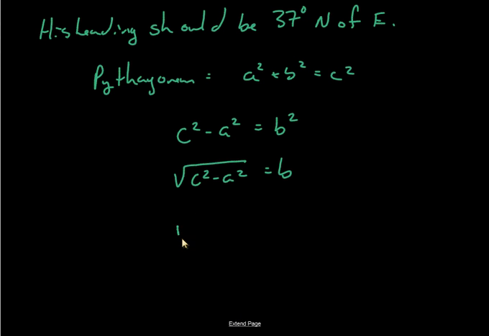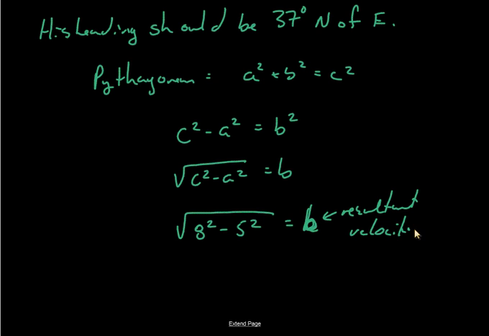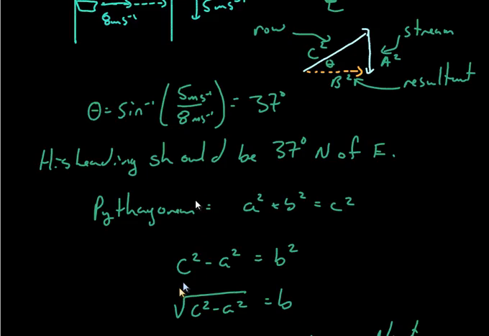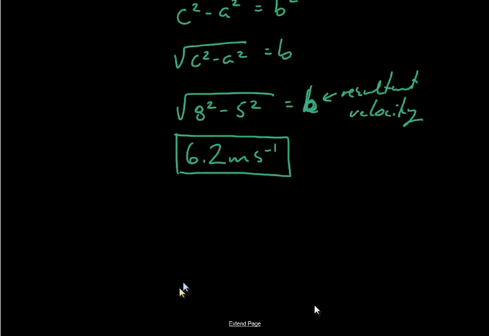Let's put some numbers in here. The root of 8 squared minus 5 squared equals our resultant, or our b value, or if you want, our resultant velocity. So you get 6.2 meters per second. 6.2 meters per second is his velocity from the left bank to the right bank. So that's what we deal with in terms of finding his time.